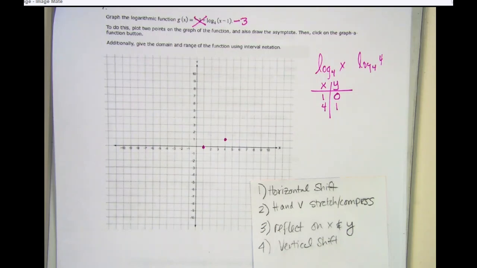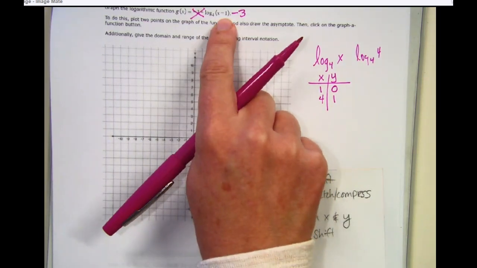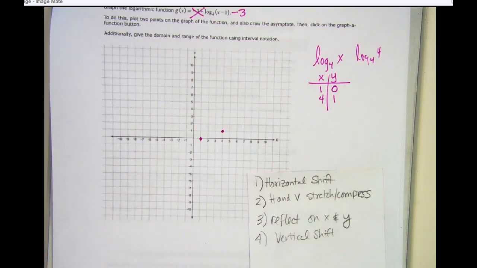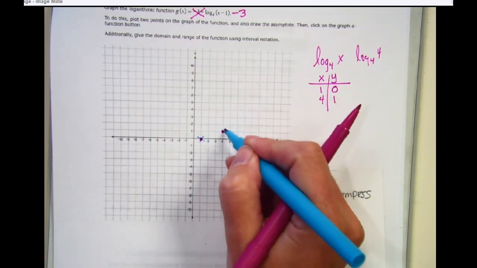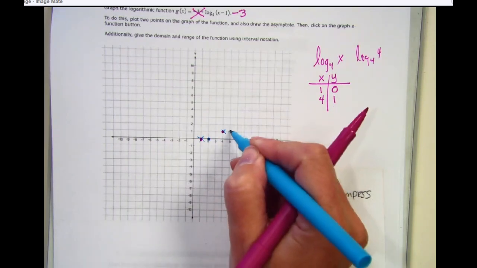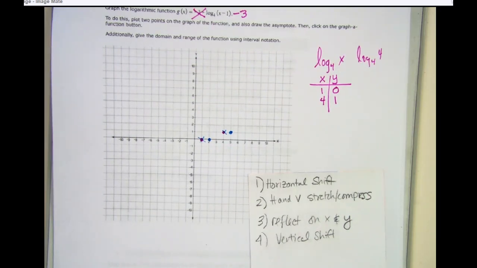What is the first thing we do? Horizontal shift. Which way are we going? If it says a -1, what are we doing? The opposite. We're going to go right 1. And then our vertical shift is at the end.